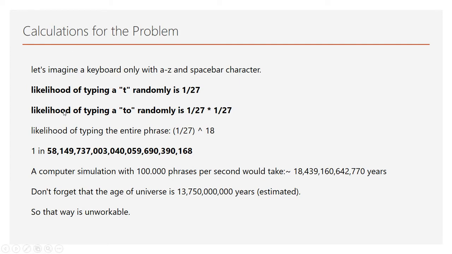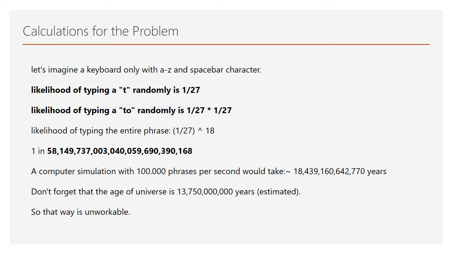The monkey has to press all the other keys, from A to Z with the space included, and the O will occur once. So the probability is 1 by 27 times 1 by 27.